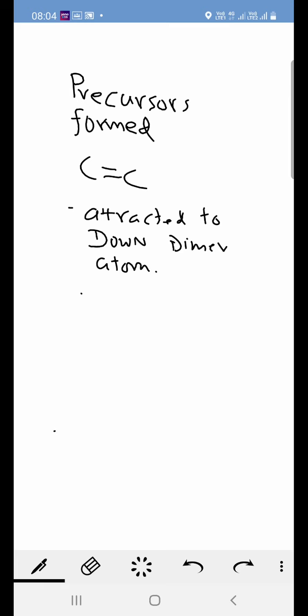And then there is a formation of two silicon-carbon bonds, which are of course covalent in nature. So this is the first step, and this is the second step.